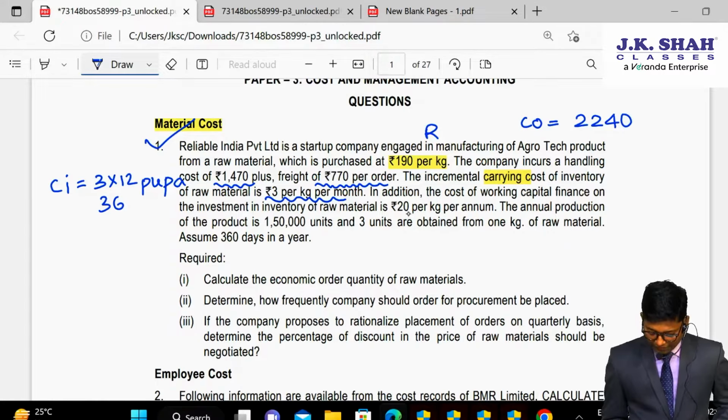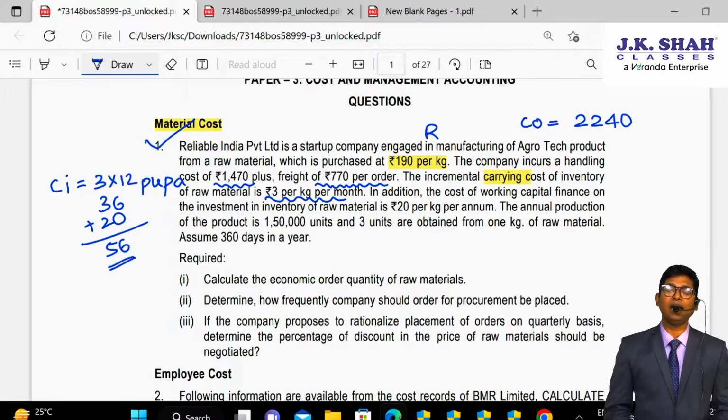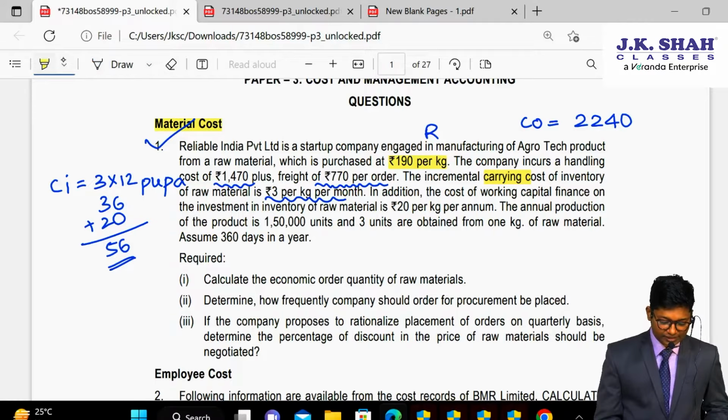So total 20 rupees is the raw material carrying cost. When you add this with the previously given cost, you are going to get 56 rupees as your per unit per annum carrying cost.